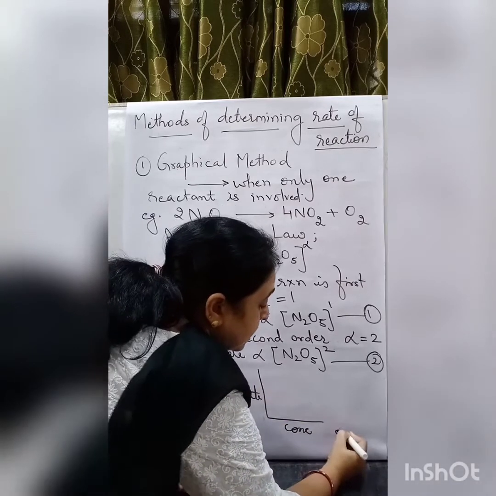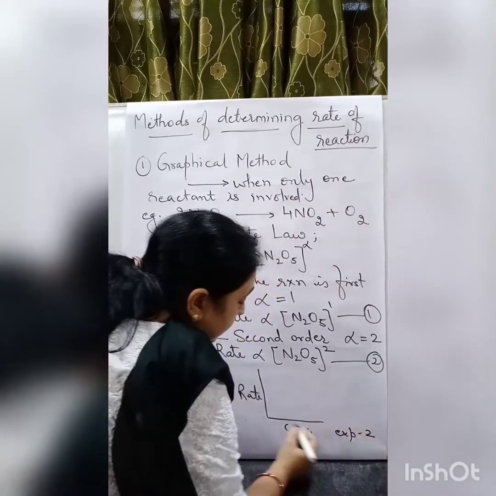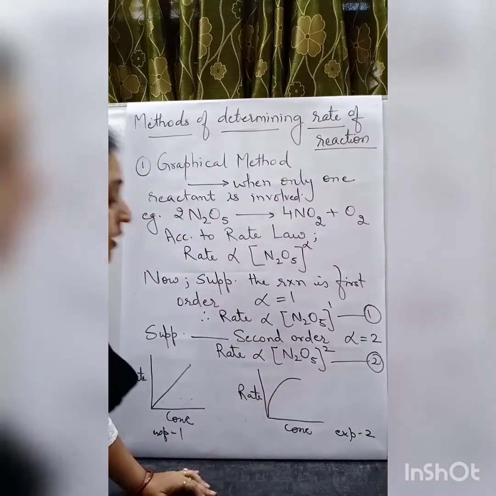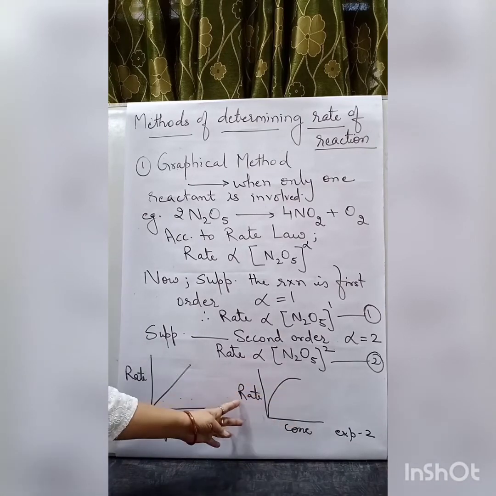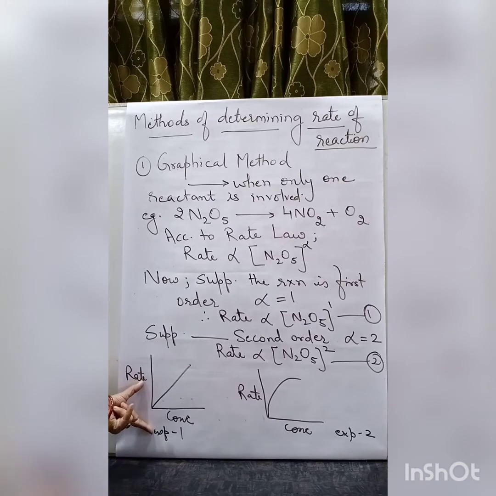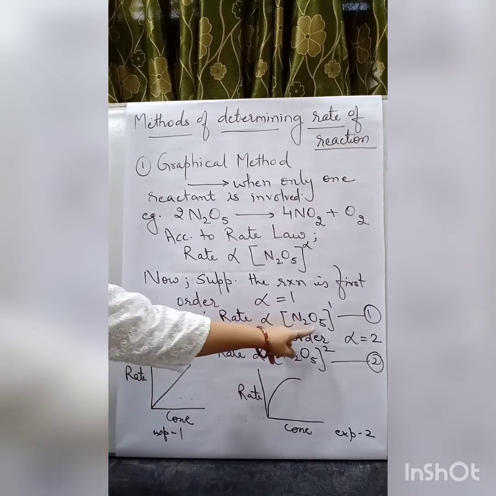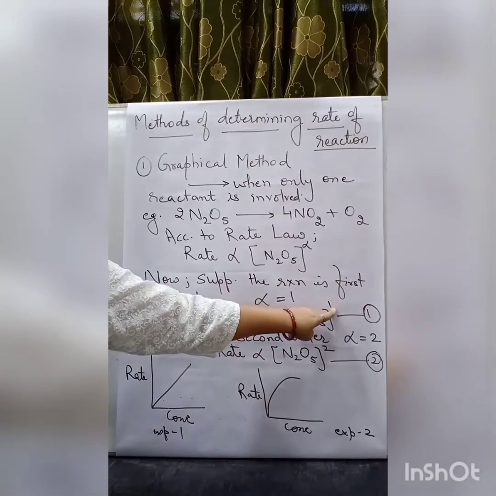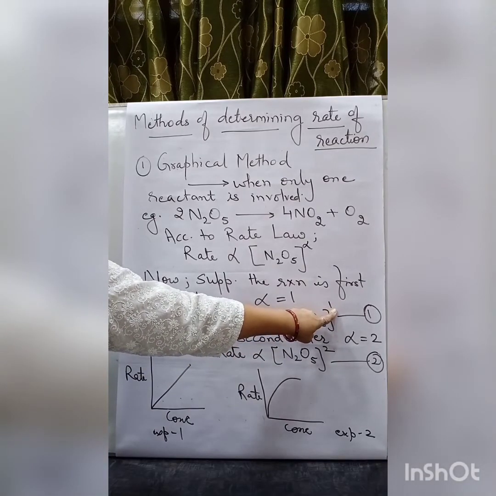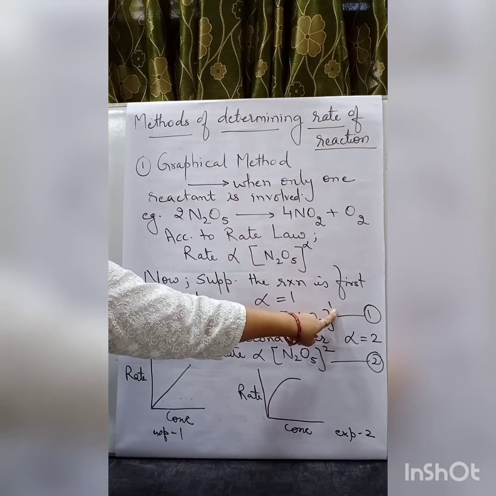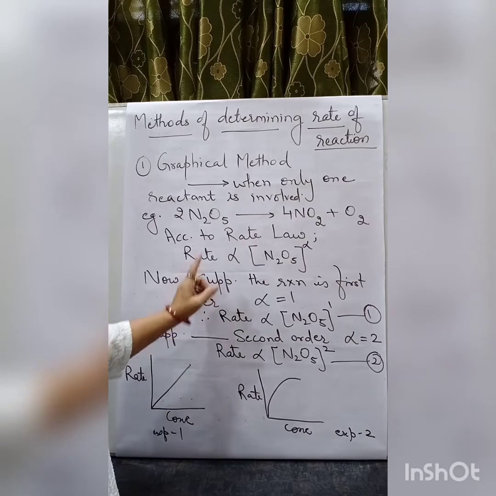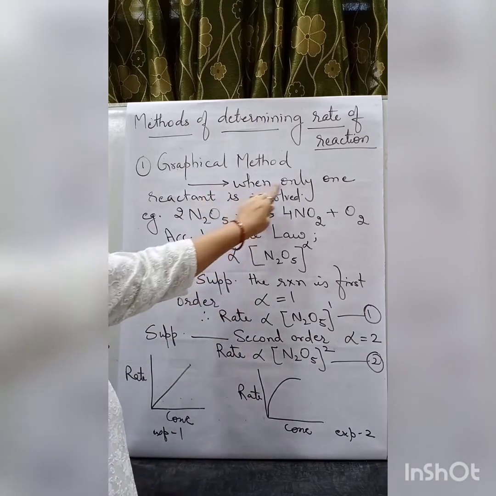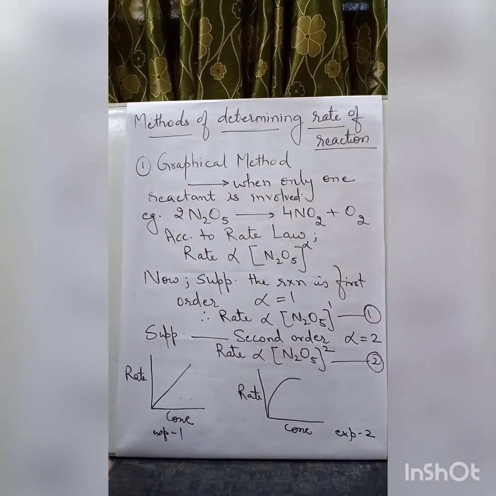For experiment number 2, I get a curve. So from both these graphs, I can immediately say that the order of reaction is 1 and the reaction is a first order reaction. So graphical method can be used for determining the rate of reaction when only one reactant is involved, right?